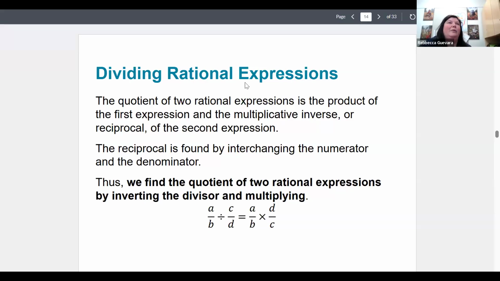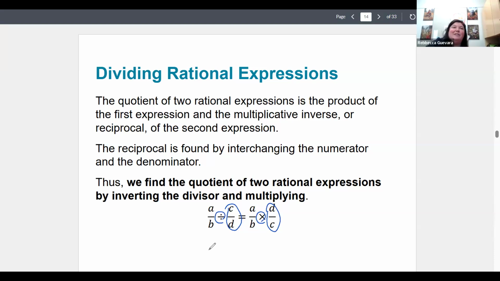So going back to fractions again, if you had two fractions and you wanted to divide them, so if you had a over b divided by b over c, the way we would deal with this is that we would take the second fraction, and then it inverts, and we change division to multiplication.